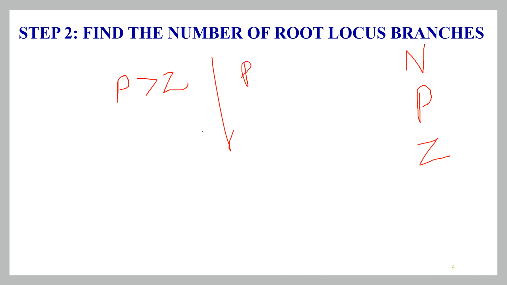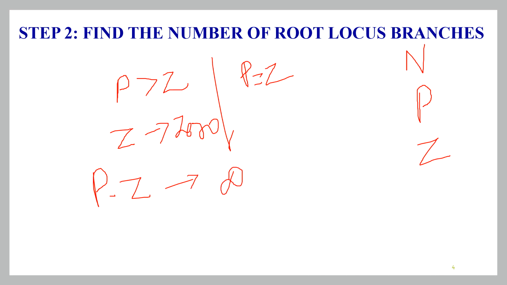In some cases, you may have P equal to Z. When P is greater than Z, Z number of branches will end at zeros, and then P minus Z branches will approach infinity in search of zeros.